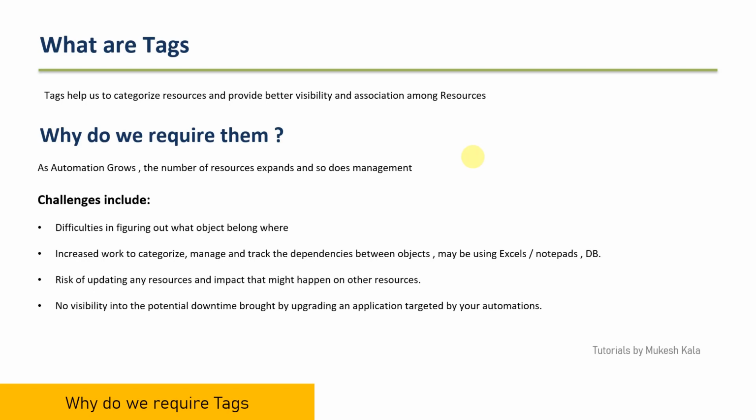Today you might be using an Excel, Notepad or some kind of database to store this information. If you are someone who is managing the Orchestrator, you might have to know that all the assets which are related to the finance department are here, all the assets which are related to the HR department are here. So you might be having some information or noting it in some place.